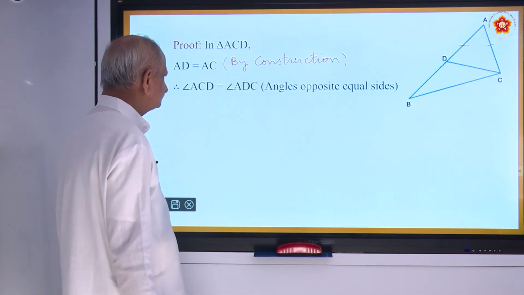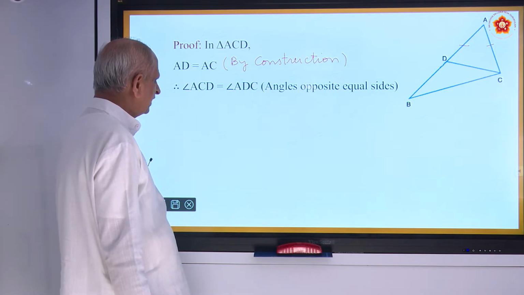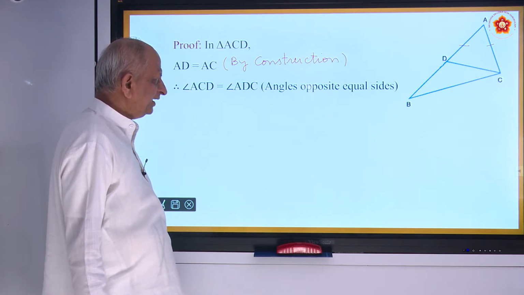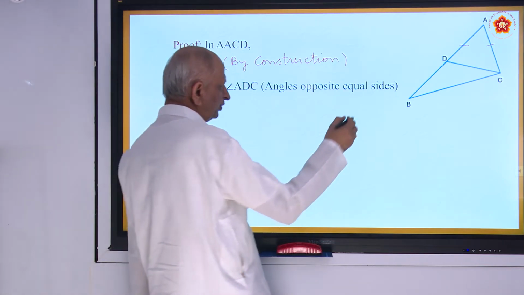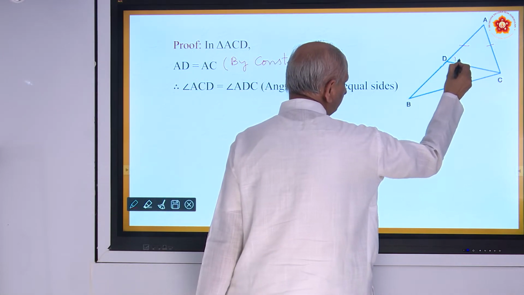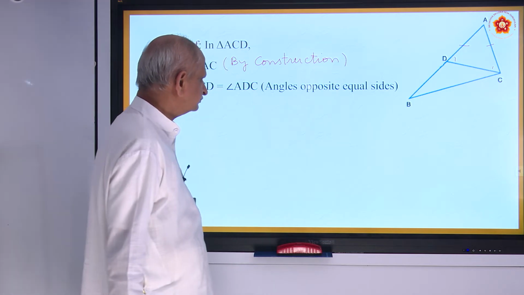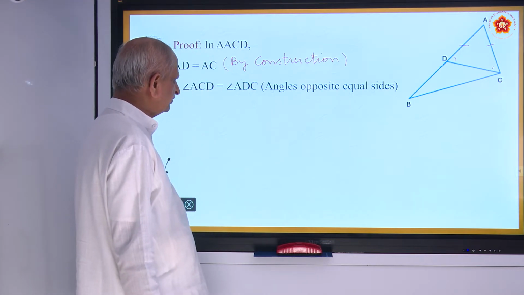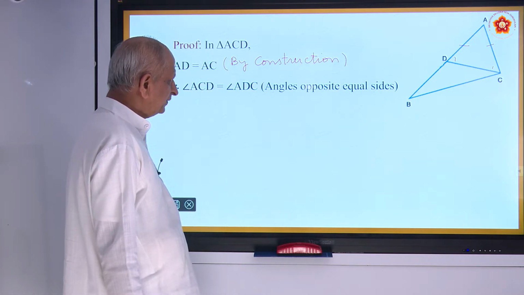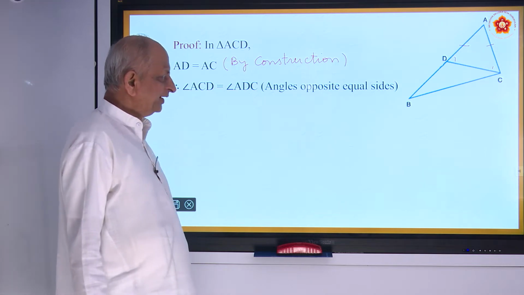Next, therefore angle ACD is equal to angle ADC. Suppose you call it 1 here, this also becomes 1. Angles opposite to equal sides are equal. That means isosceles triangle.